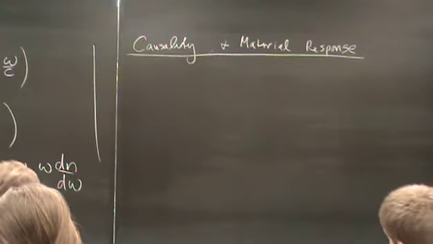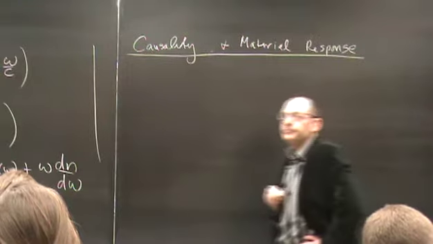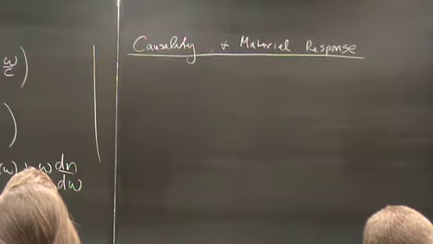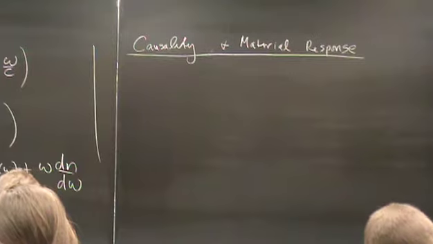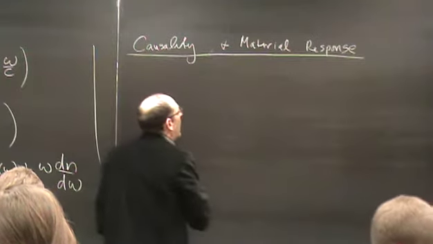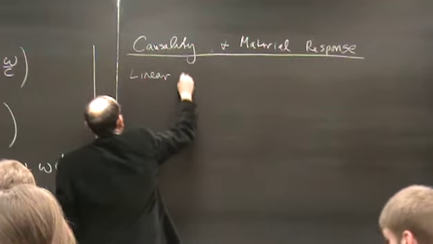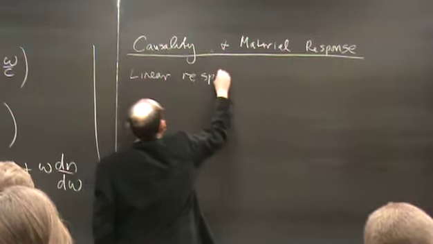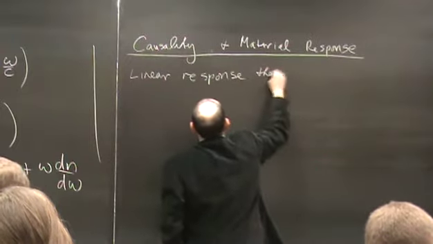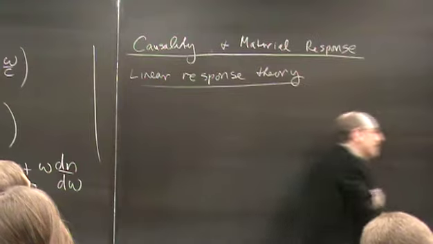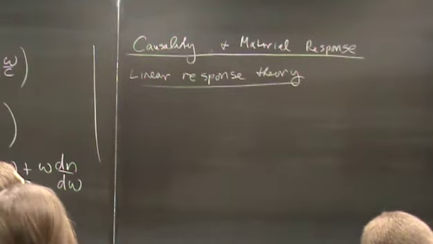In order to do that, we want to discuss some general ideas relating to what is called linear response theory. Something that is well known more in the engineering community than it is to a lot of physicists.